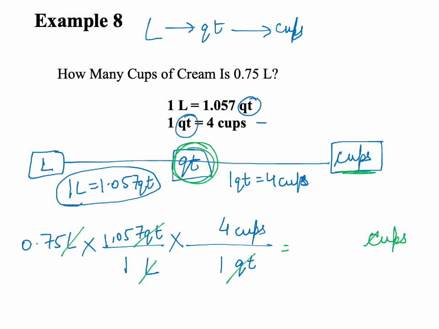So if I solve my numbers now, I should get how many cups, which would be 0.75 times 1.057 times 4. Again, these numbers are usually exact numbers, whereas 0.75 is a significant number. So this is 2 sig figs, a measured quantity, which means my final answer should have 2 sig figs.